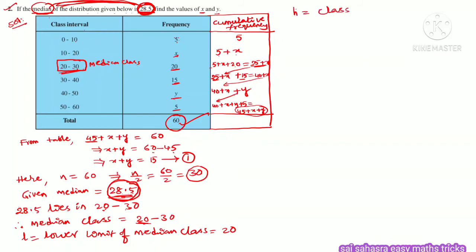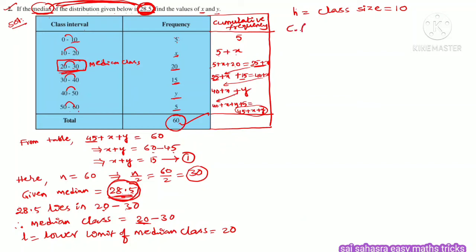These are continuous classes. 10 ending, 10 starting. So there is no problem. Class size will be 10 difference is 10, 30, 40 difference is 10, 40, 50 difference is 10, 50, 60 difference is 10. So that class size is 10. L is over, n by 2 is over.